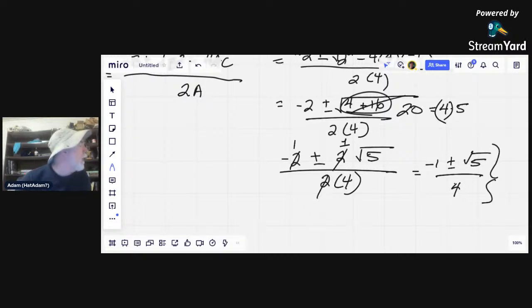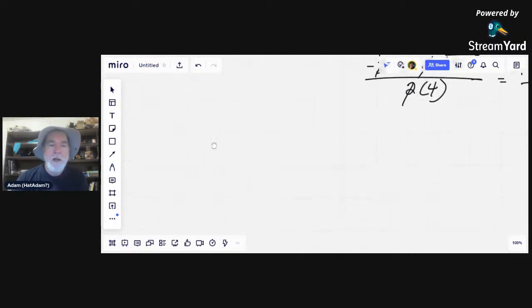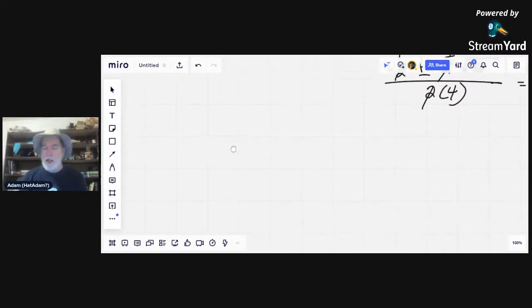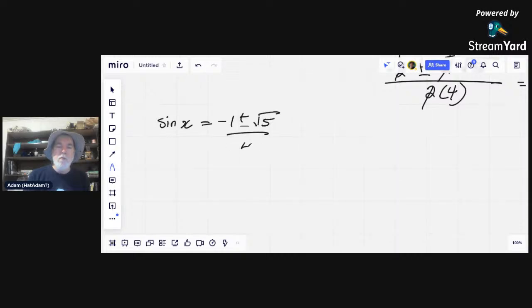so where are we at here? So we've got our u, which, what's u? So that's our sine of the thing here. So let's scroll up here. The sine of x equals -1 plus or minus the square root of 5, all over 4.